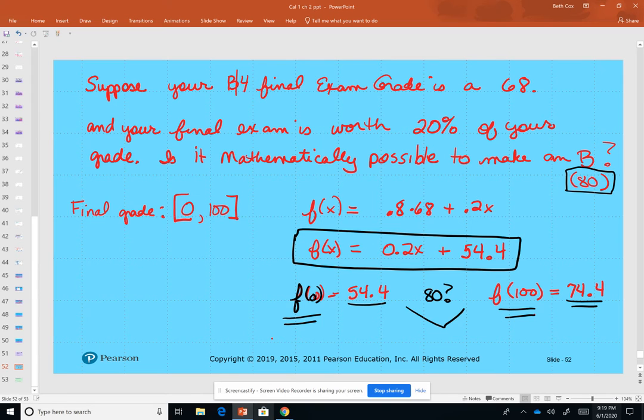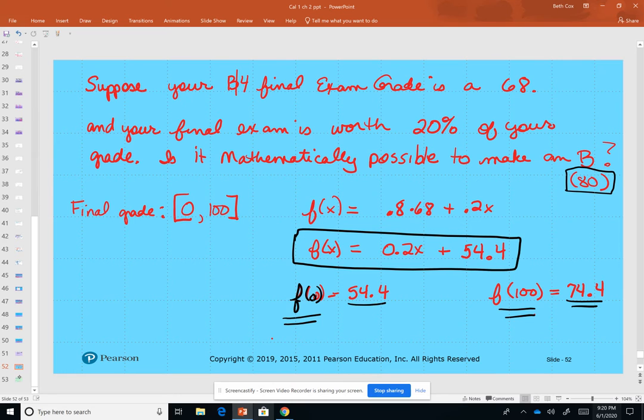Now, is there a solution to this problem? Yes. We could figure out what number would it take to get an 80, but it would not be between 0 and 100. So it's not mathematically possible to make a B in this class if you start out with a 68. So that's kind of an example. It's an existence theorem. It talks about whether there exists a solution on this particular interval for this situation.